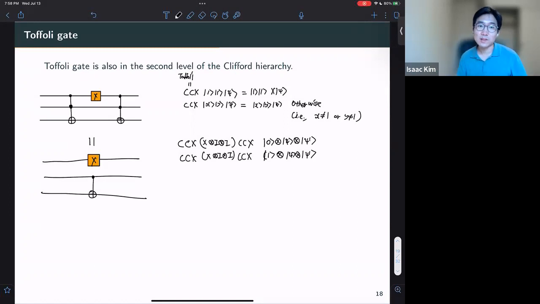And C0 was in Clifford and X is also in Clifford. And therefore, you see that the Toffoli gate is in the second level of the Clifford hierarchy. Of course, this alone doesn't establish that, but calculations similar to this establish this fact.